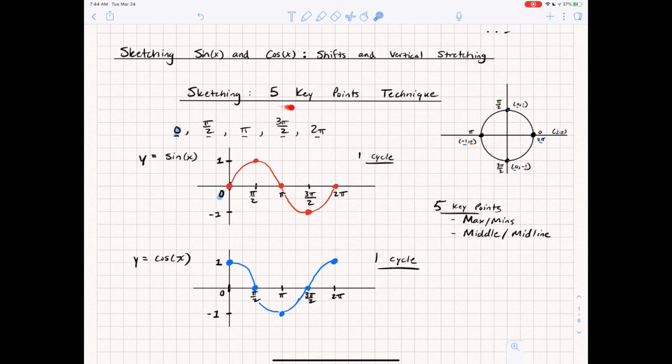And that's why the 5 key point technique is so important and so efficient when it comes to solving this. And so the last thing that I want to mention, and this is going to be a really important idea when we're trying to do these by hand, or if I'm trying to figure out, based on a graph, how to write the equation, is that because this is a circle and because of symmetry, these maxes and mins, these 5 key points, they always occur at equal intervals.